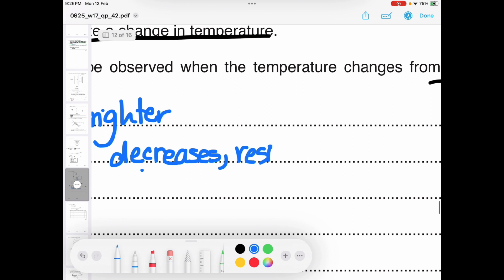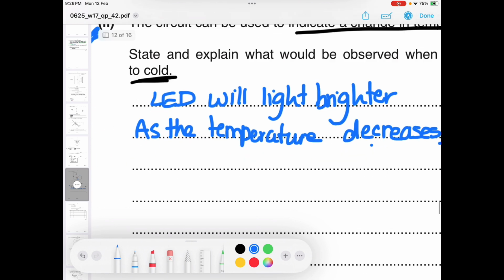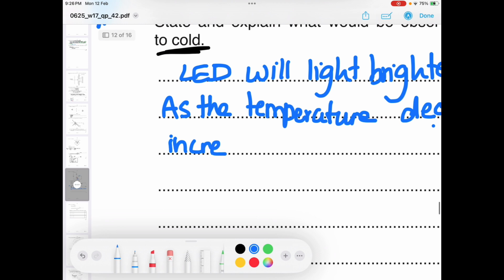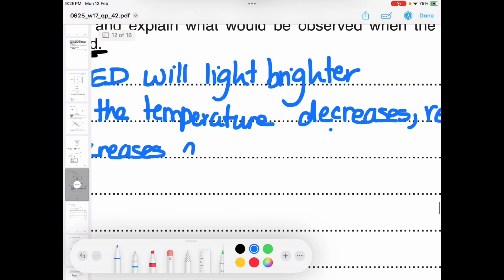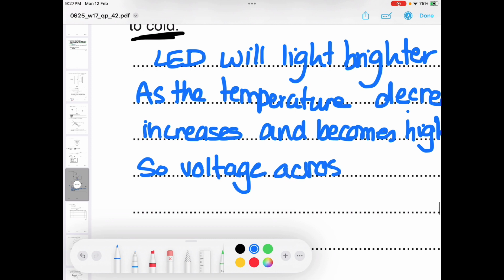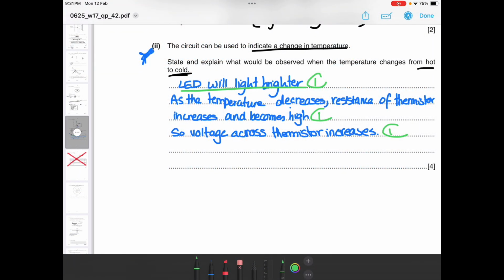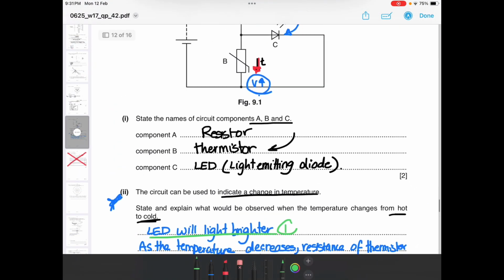Resistance of thermistor increases, and becomes high, so voltage across thermistor increases. The voltage across the thermistor increases.